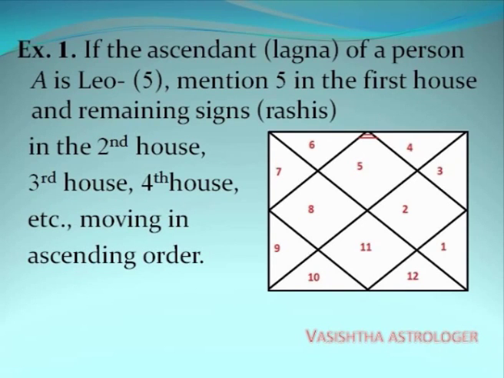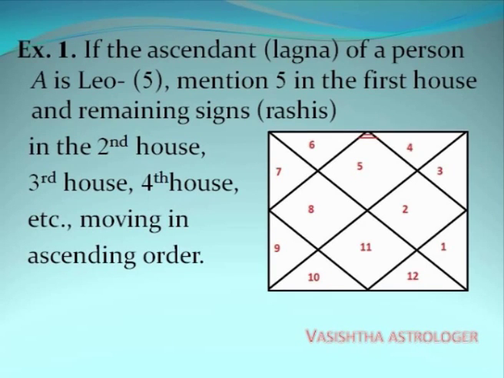If the ascendant of a person is Leo, that is Simha Rashi, which is Rashi number 5, fifth sign, then mention number 5 in the first house of the birth chart and remaining signs in the second house, third house, fourth house, etc., moving in ascending order.